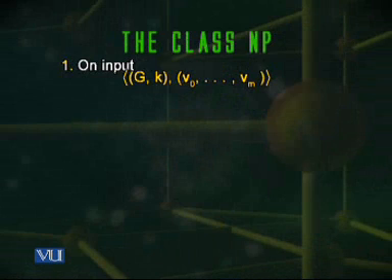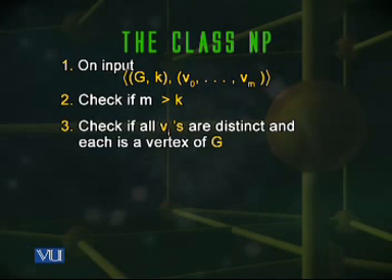This algorithm on input G, K and a list of M vertices will first check if M is at least K. Then it will check if all the vertices in the list are distinct. Once again, this can be done in polynomial time. And then it will check if all the pairs of vertices are connected by an edge of G. So we will run two loops.